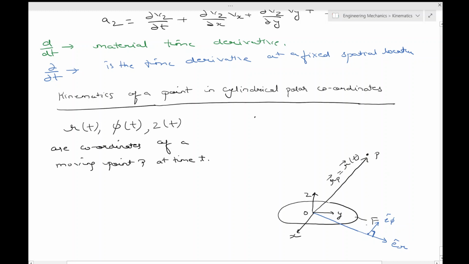So this goes up. So we have the ER, E phi and EZ, the unit vectors along these three directions. Clearly this is your phi, and the position R is given by this vector over here, R of t, and the z of t is given by this length.